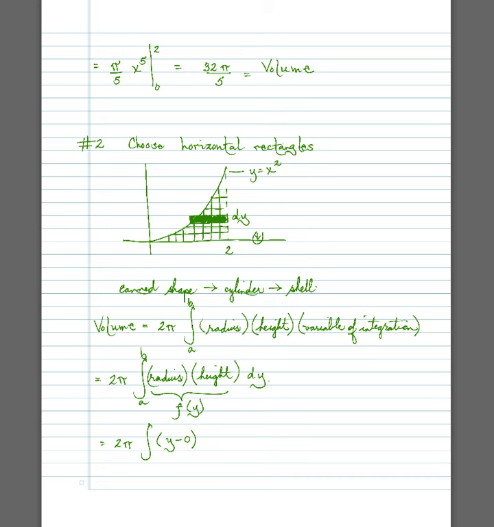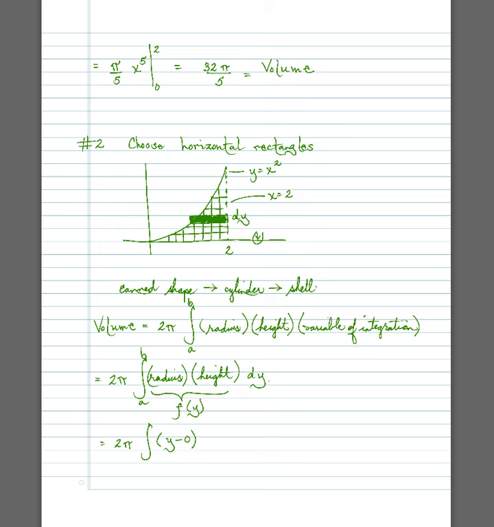These horizontal segments go from this function to x equals 2. So if you think about this line, the edge of this region as x equals 2, they go from x equals 2 to the function.